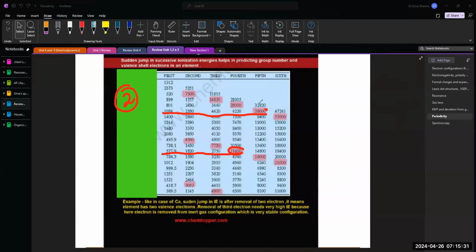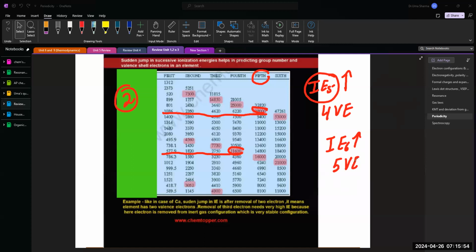So the number of electrons before the big jump: if they say the fifth ionization energy is exceptionally high, then it has 4 valence electrons. If they say the sixth ionization energy is exceptionally high, then valence electrons are 5, the nitrogen family.